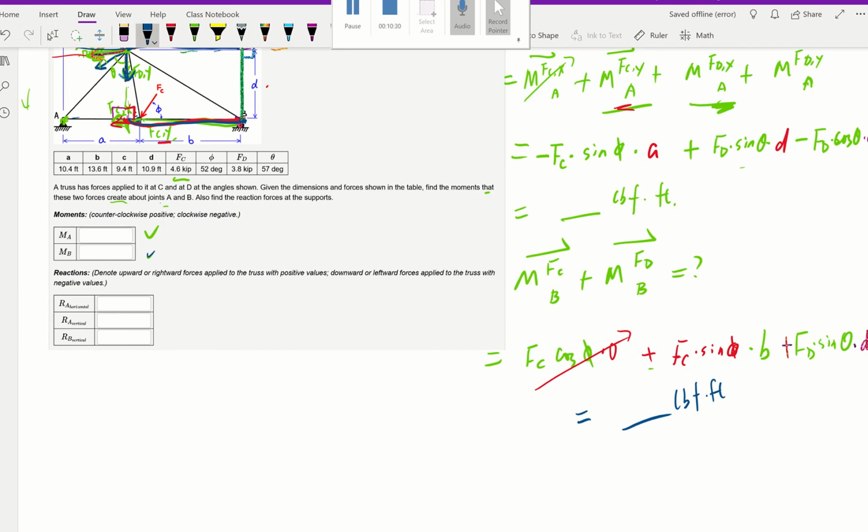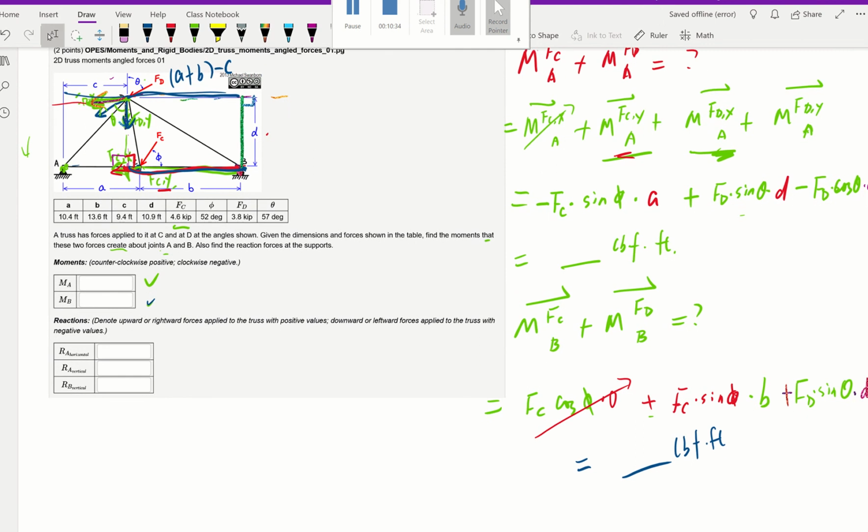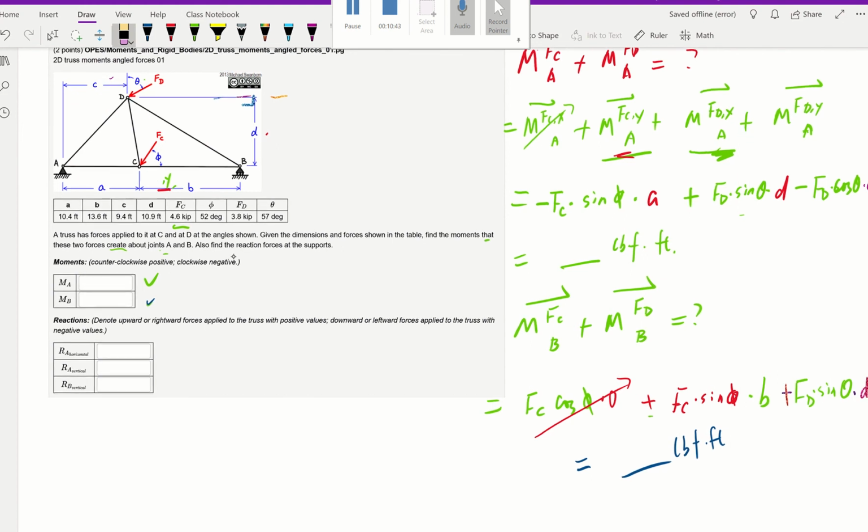Then the last one, reactions. That's actually where I want to focus on, but I think it's actually easier. Since this is so labeled up, I'm going to delete them, and we're going to draw our FBD. For this FBD, we have two forces already, FC and FD.